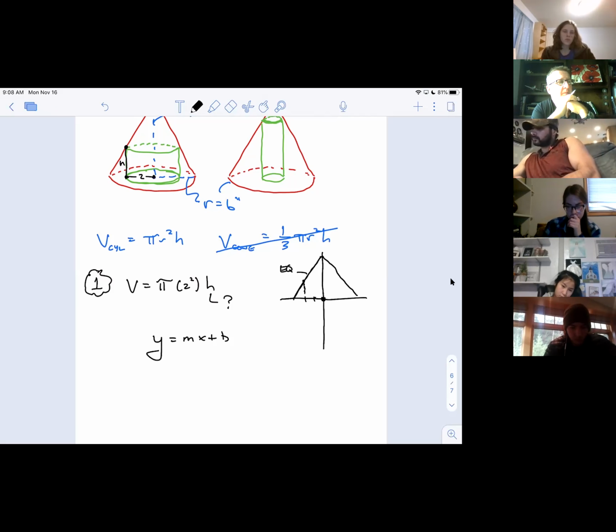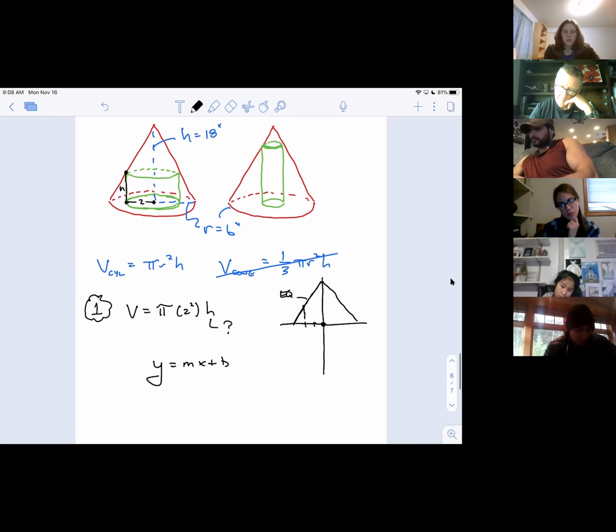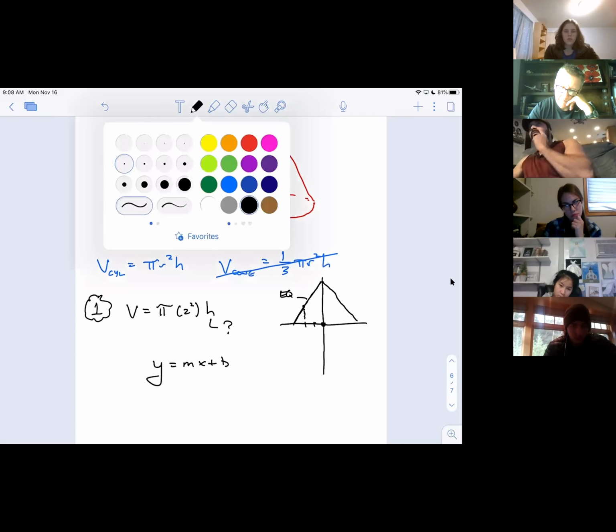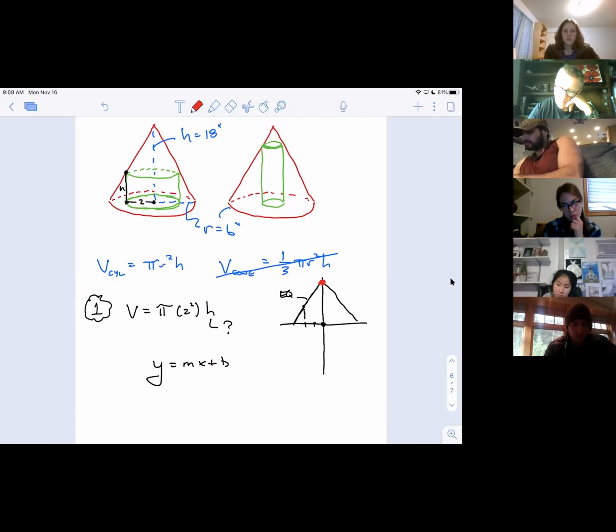This is one way to do it. But I got to know the y-intercept. Well, based on the dimensions of the cone, what's that y-intercept up there? 18. The height of this thing is 18, so that means I know this is 18. What's the slope of that line?